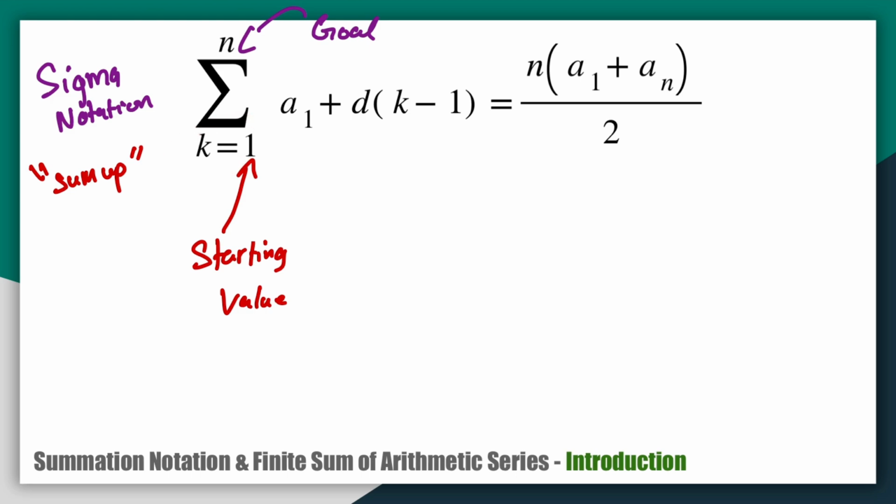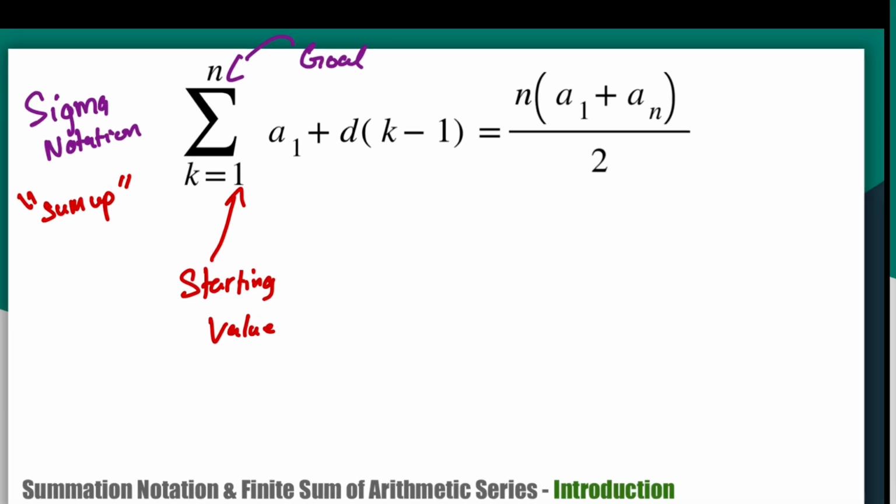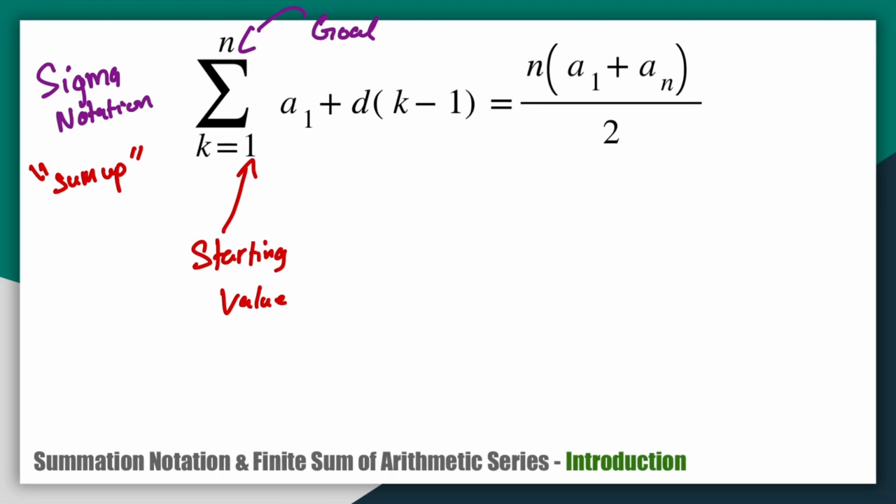And of course, k doesn't have to equal 1. k could equal something else, but most of the time, at least in the early days, what you're going to see is 1, okay? Now, what are we summing, okay? What you're summing is this arithmetic sequence, the explicit rule that you discovered. So this is what you're summing, okay?